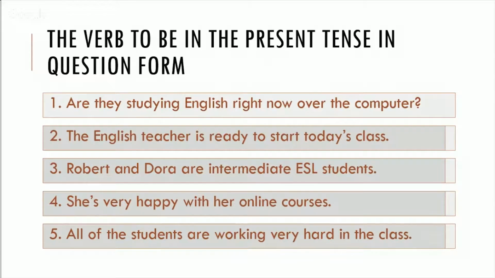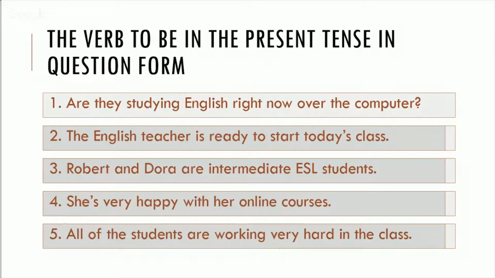Take the verb to be, put it in the beginning, and then you will be asking a question. Okay, we have one answer. I'll wait for another answer, at least one more that we can use as an example, and then I'll show you the answer on the screen as well.